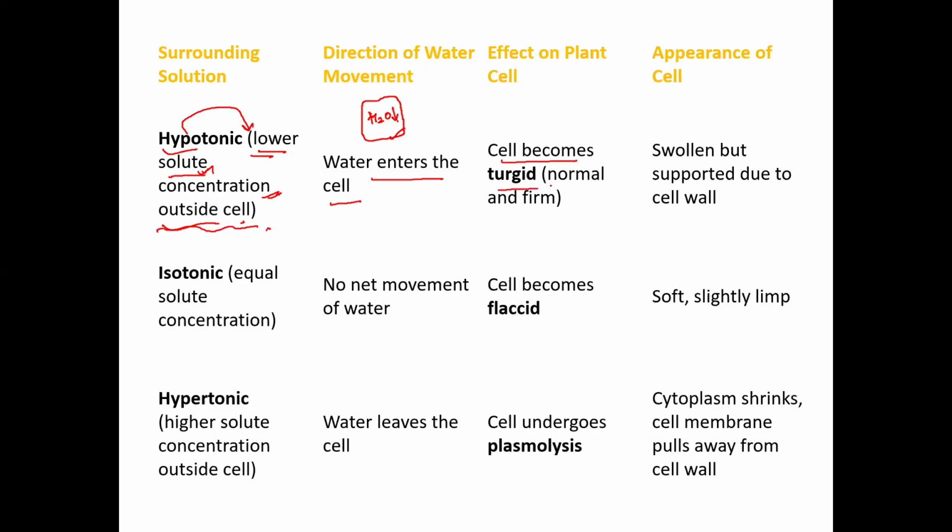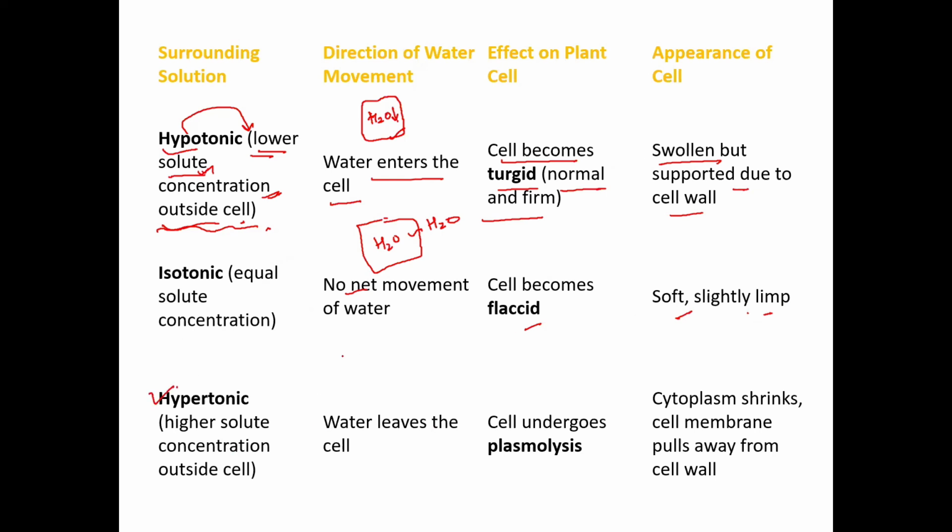The cell becomes turgid, normal and firm, swollen but supported due to the cell wall. Isotonic means equal solute concentration, meaning the amount of water inside and outside is the same. No net movement of water, and the cell becomes flaccid, soft, slightly limp.